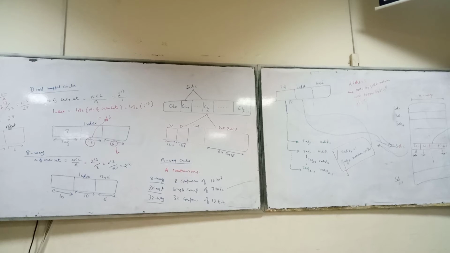There was a valid bit, a dirty bit, a tag, and the data field. What is the size of this data field? 64 bytes. So if the valid is 1 and this tag field matches with the tag field of the memory, it's a hit. So this data field is provided to the processor.